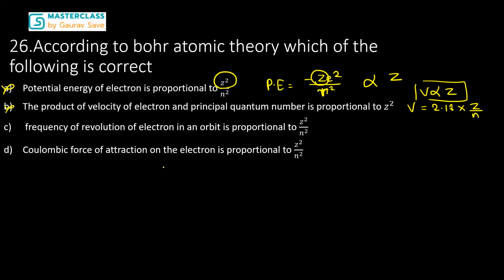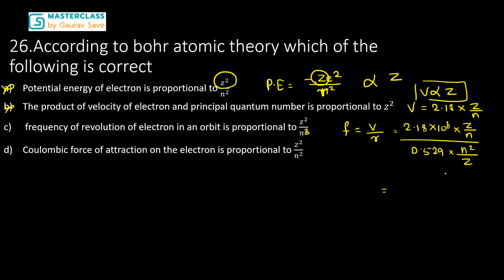Now guys, there is one printing mistake over here in option C. It should be z cube. The frequency of revolution of electron in an orbit is directly proportional to z square upon n cube. This is the correct option. And what is the formula for frequency of revolution? It is velocity upon radius. Now the formula for velocity is 2.18 into 10 raised to 8 into z upon n, the whole thing divided by 0.529 into n square upon z.